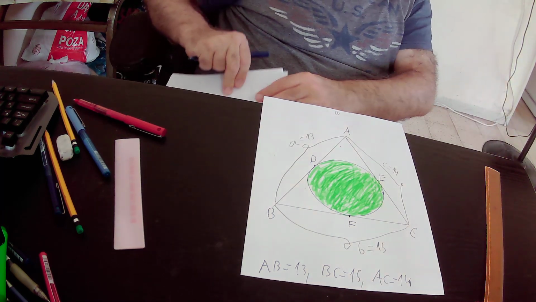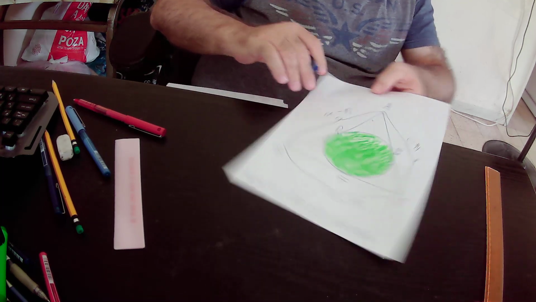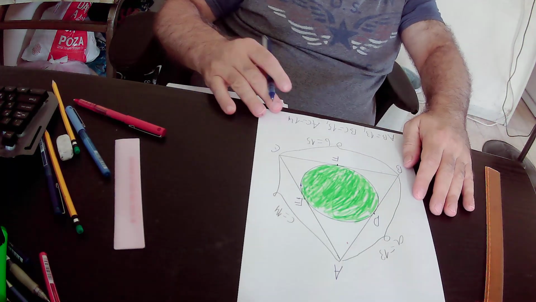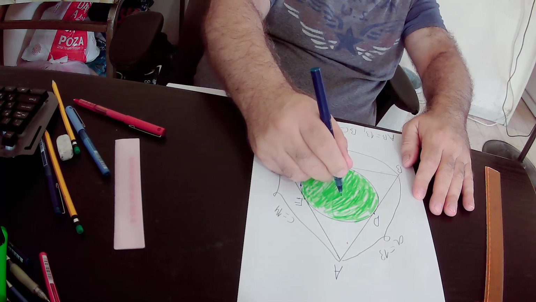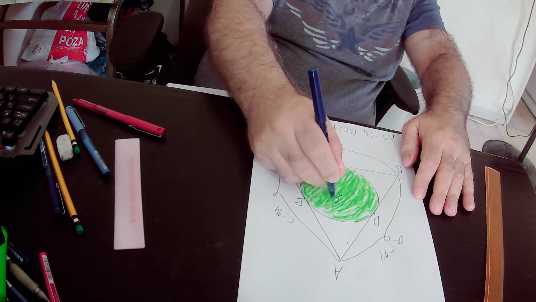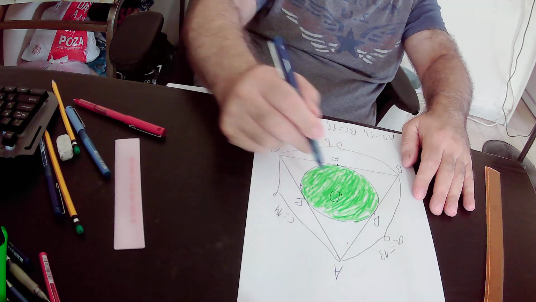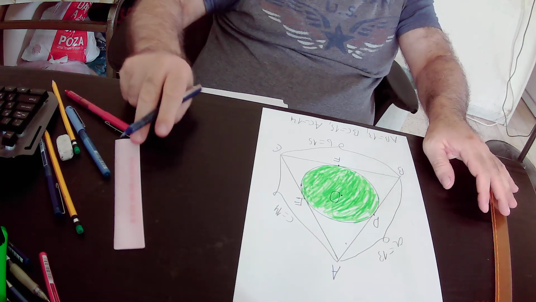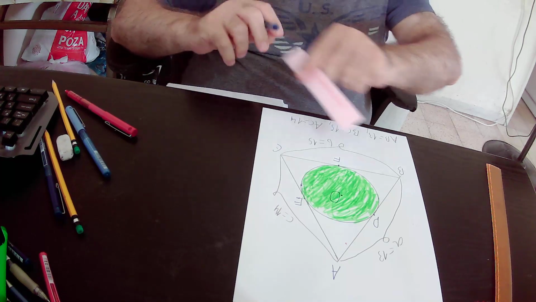First of all, we will define the center of the green circle as point O. Again, point O is the center of the green circle, and then we will connect together points A and O by a straight line.